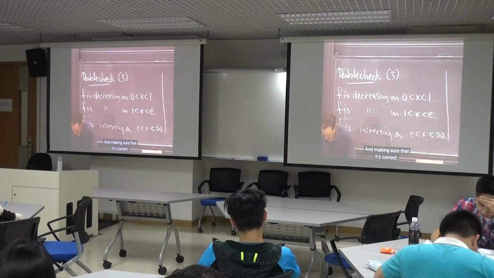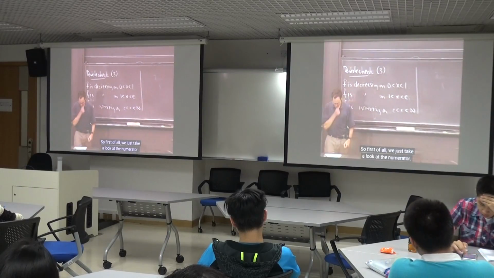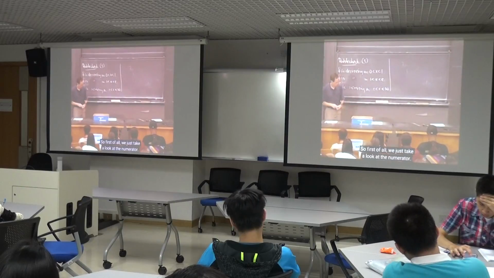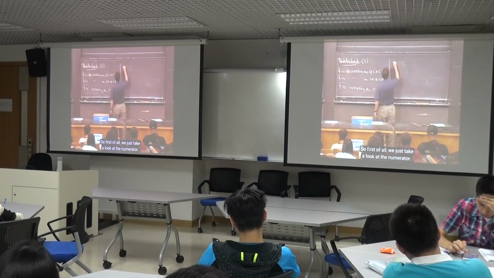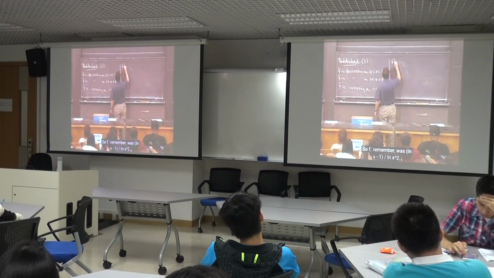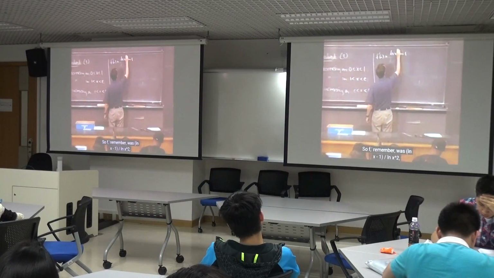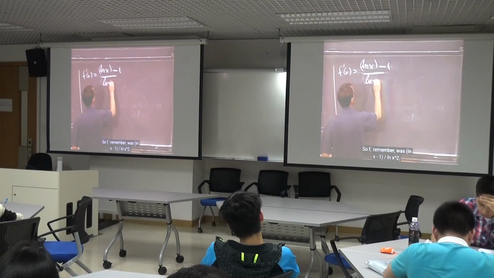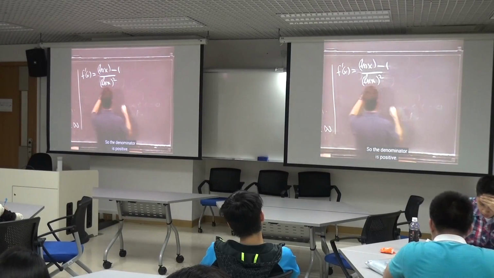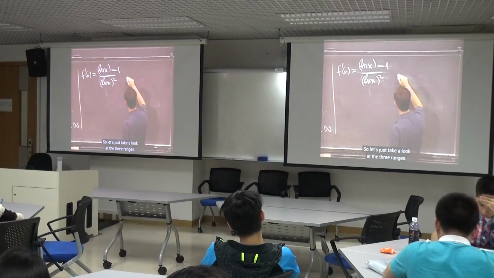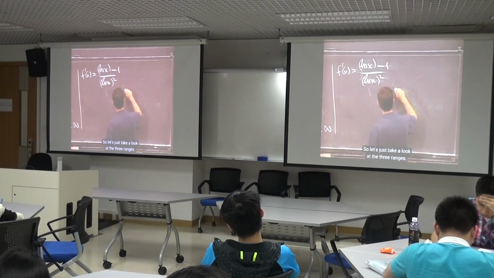Okay? So first of all, we just take a look. f prime, remember, was log x minus 1 divided by log x squared. So the denominator is positive. Let's just take a look at the 3 ranges.